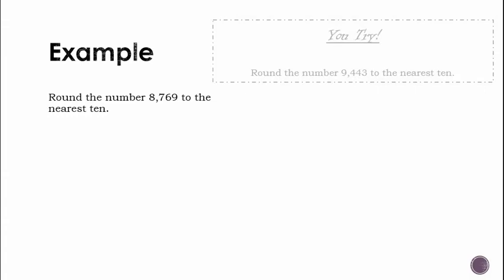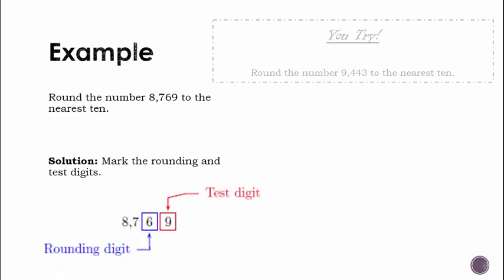So, round the number 8,769 to the nearest tens. Alright, well, mark the rounding number and test digits. Okay, well, we're going to mark it. 6 is in the tens place, so I'm going to make that my rounding digit. Now I need to use the digit that's adjacent to it on the right.